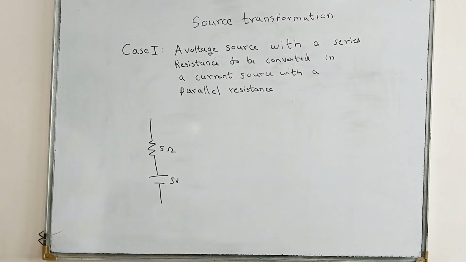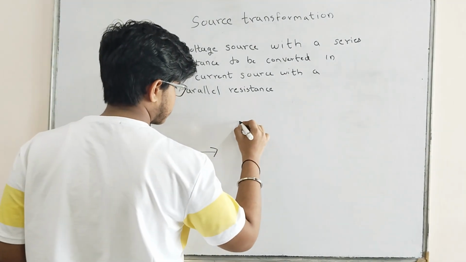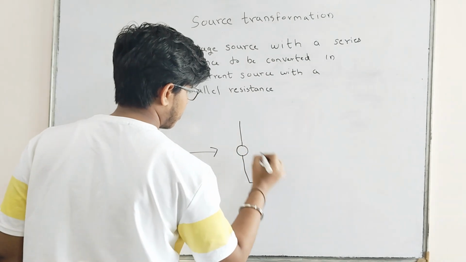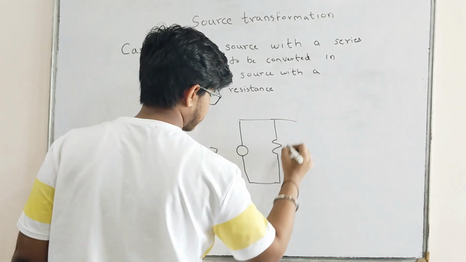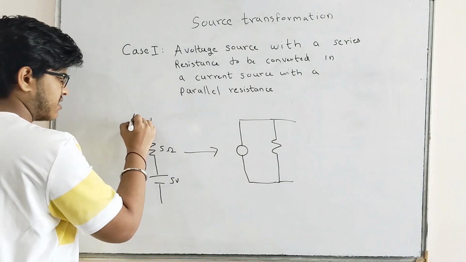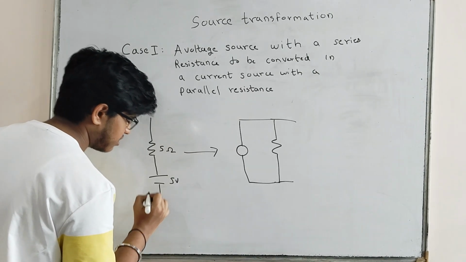Now we want to convert this into a circuit which will consist of a current source with a parallel resistance. Let's name these terminals. This is my A terminal and this is my B terminal.